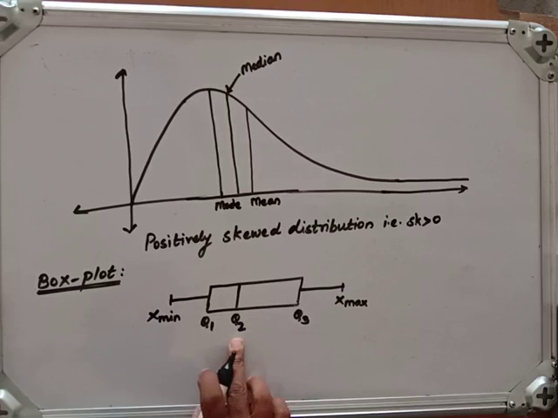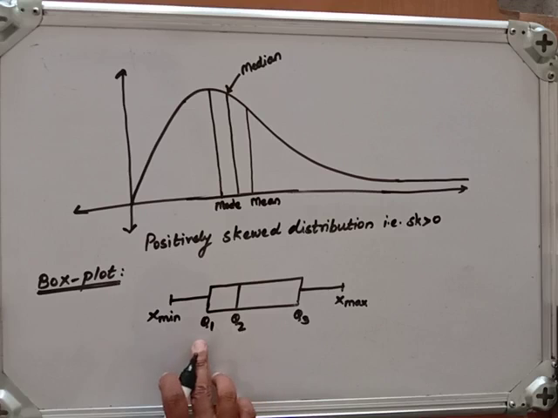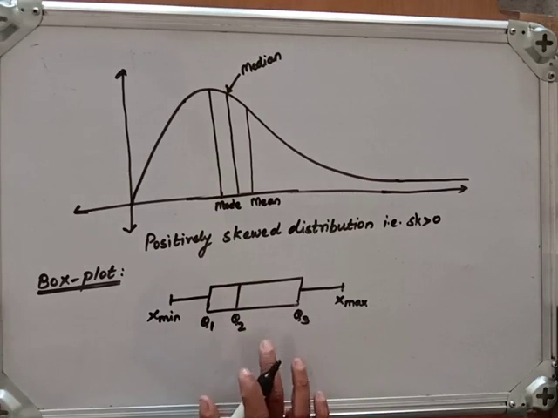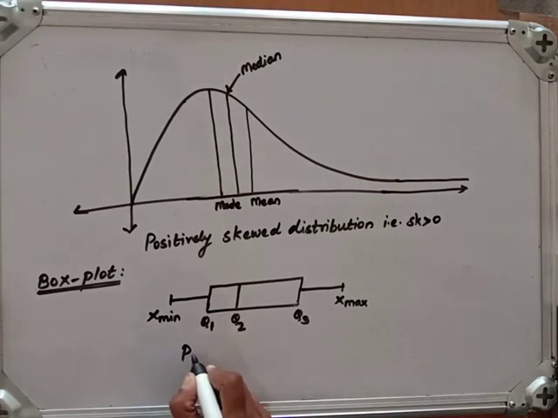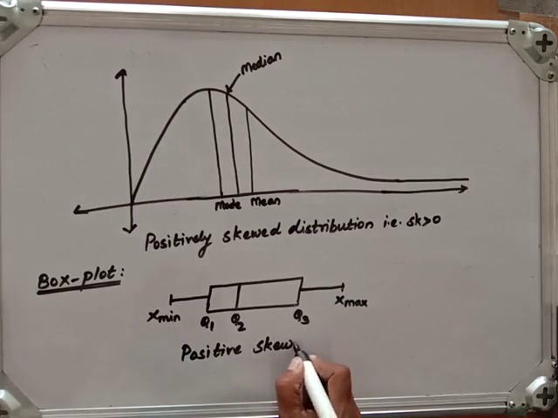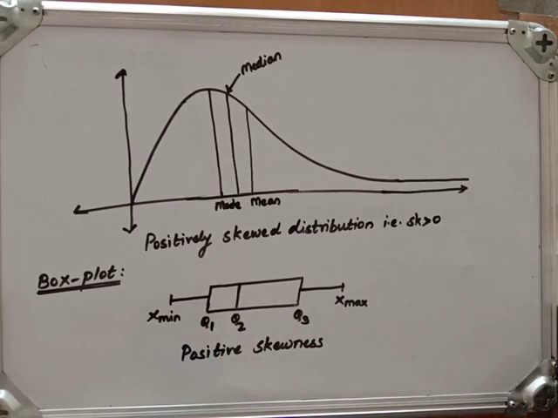So q3 minus q2 is not the same as q2 minus q1, and q3 minus q2 is more than q2 minus q1, it is greater. This is a positive skewness. This is a box plot for a positive skewness, okay.